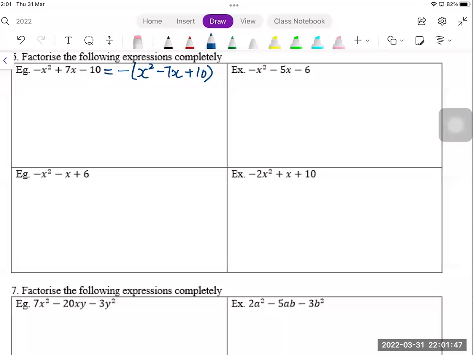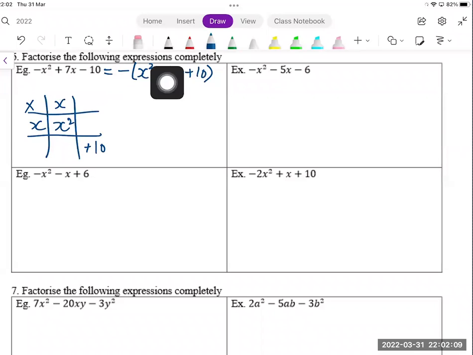Then with that, do your factorization normally. I have x squared, 10, x and x. I want plus 10, sorry. So I want negative 7, sorry. So make sure you're looking at the correct one.